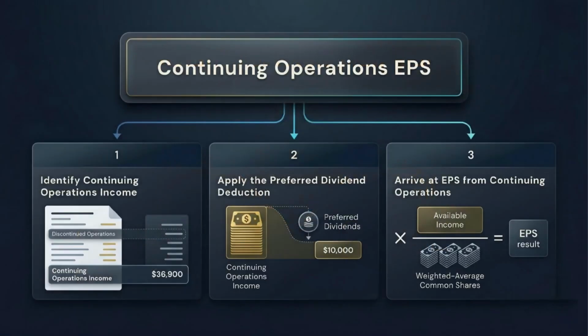EPS from continuing operations uses income from continuing operations as the starting point. Then we subtract the applicable preferred dividend claim to arrive at income from continuing operations available to common shareholders. This line is important because it focuses on the entity's ongoing business performance, separate from discontinued operations or other components below continuing operations.